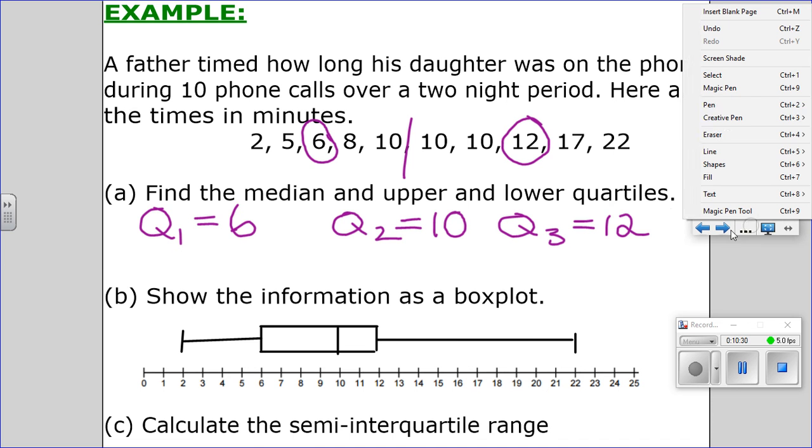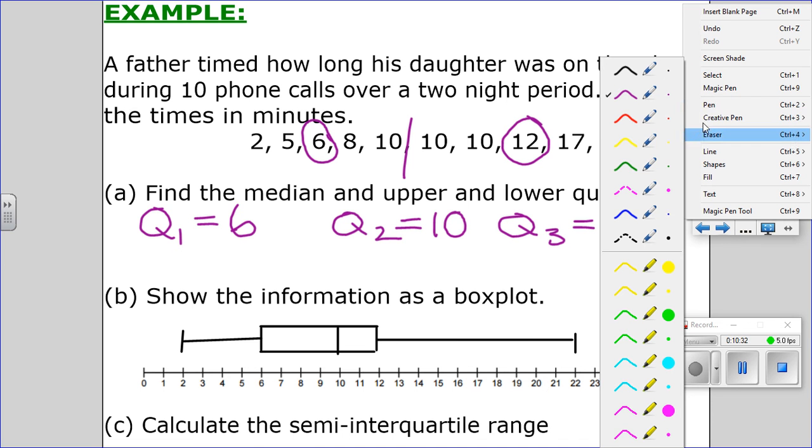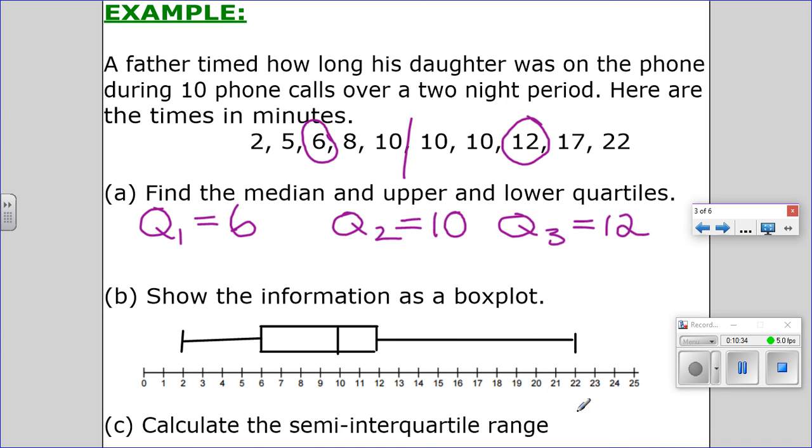So if I get my pen tool, the semi-interquartile range is going to be 12 minus 6 divided by 2. Well, 12 minus 6 is 6, divided by 2 is 3. So my semi-interquartile range is 3. What that's suggesting is that there's quite a significant gap between all of my data. It's not as compact and as combined as I would like it to be.